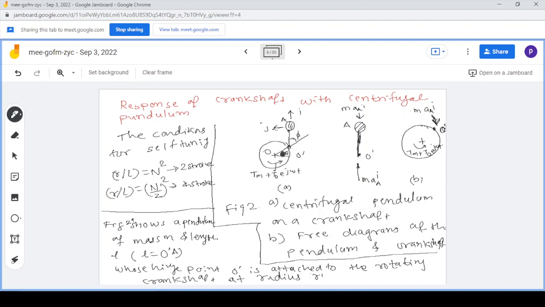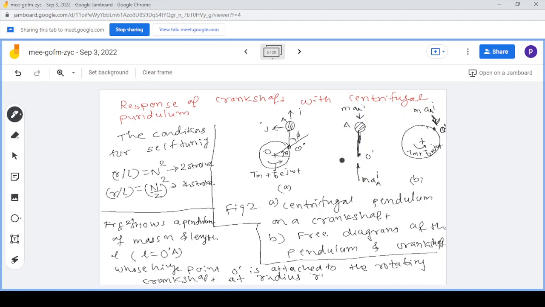Let us call theta the angular displacement of the crankshaft and phi the angular displacement of the pendulum with respect to the line of action of O dash. Where is the point O dash? O dash point is here. Okay, this is the point O dash.